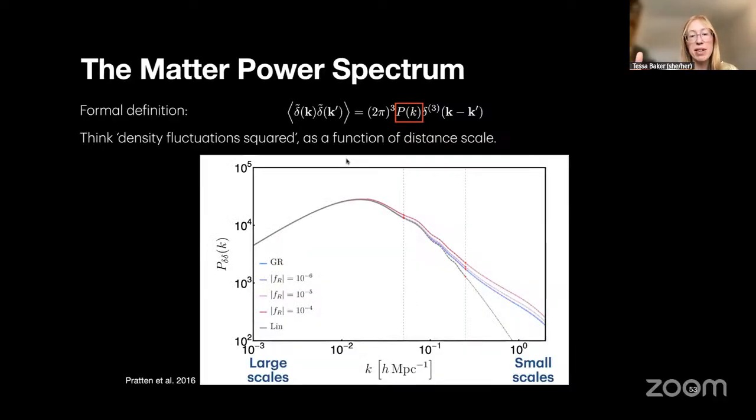And here is an example of a theoretical matter power spectrum. Because we're in Fourier space, we've got large scales at the left, small scales at the right. And of course, because it's me lecturing just for fun, I had to have a modified gravity model on there. So in grey, you have the prediction of linear theory. And then in blue, you have the prediction of general relativity if you include nonlinear corrections which affect the small scales.